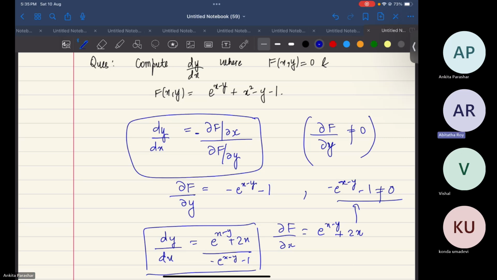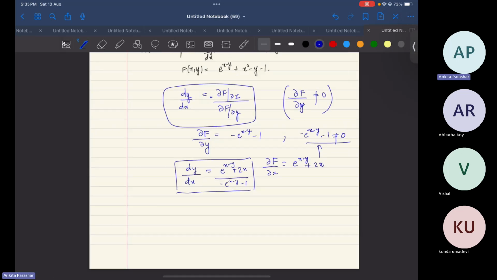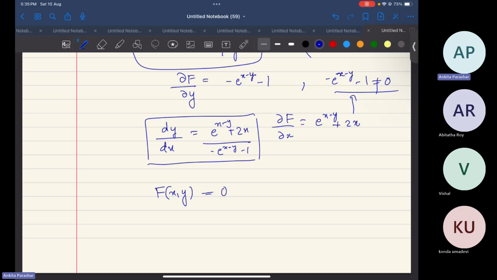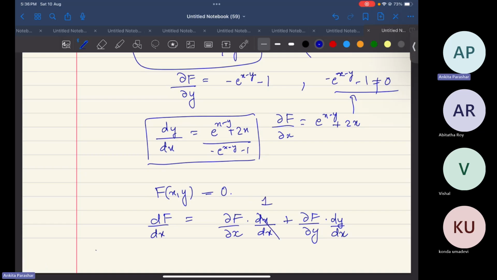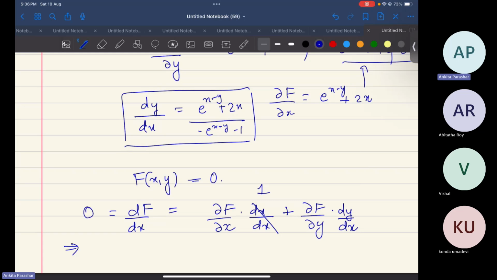This relation was derived from the chain rule itself. If we have the function f(x,y) being 0, then you remember df/dx can be computed as ∂f/∂x times dx/dx plus ∂f/∂y times dy/dx. Here, dx/dx is nothing but 1, and therefore from here you get dy/dx is minus ∂f/∂x over ∂f/∂y.